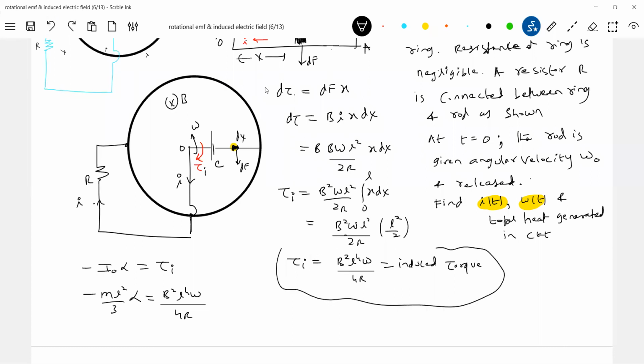Replace the rotating rod with a cell, then look at the conditions. After that, what you should do is write down the induced torque directly, and write down Newton's laws of motion for rotational motion, then carry on with the mathematics. So alpha you can write as d omega by dt, then integrate.